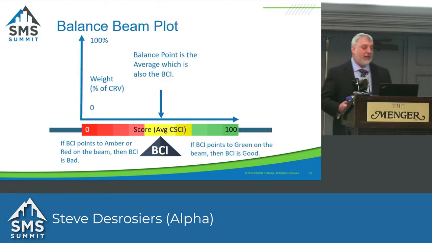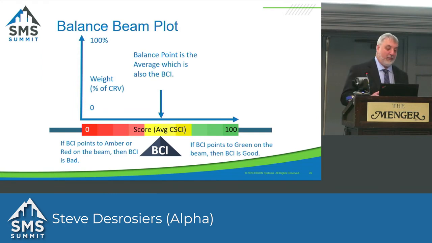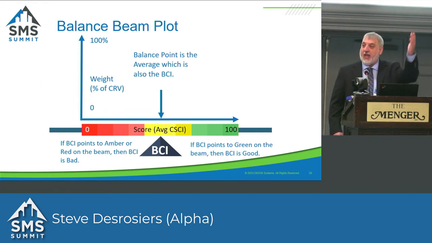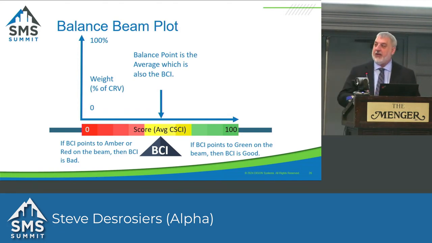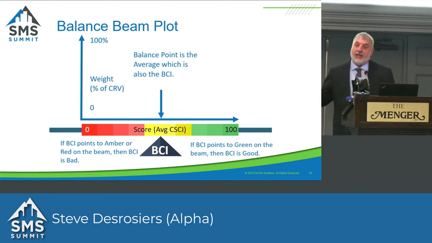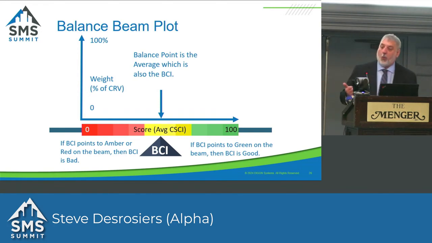And then we put them on this plot. We call it the balance beam plot. On the left-hand axis, your y-axis is what percent of the total CRV is your green, amber, or red, and the x-axis is what your score is, what that individual BCI is.